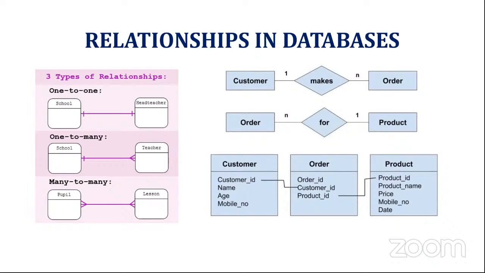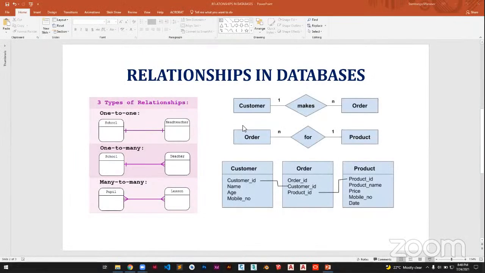Then if I want to connect my customers to orders they are making, I go to the order table, even if there is already order ID, which is a primary key for the order table, then I add a customer ID column into that table. Are you getting it? Yes. Then that is a foreign key. So let me demonstrate it in Excel here, even if we don't do it in Access.